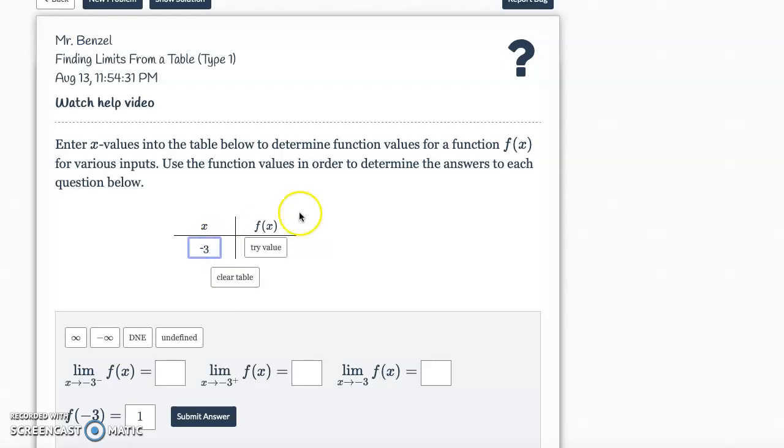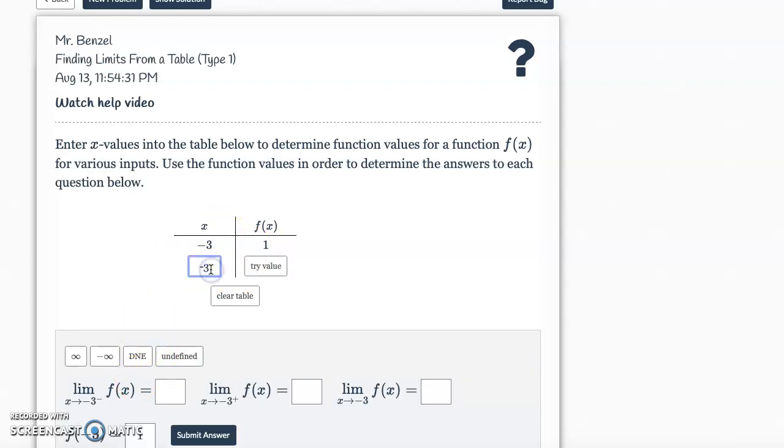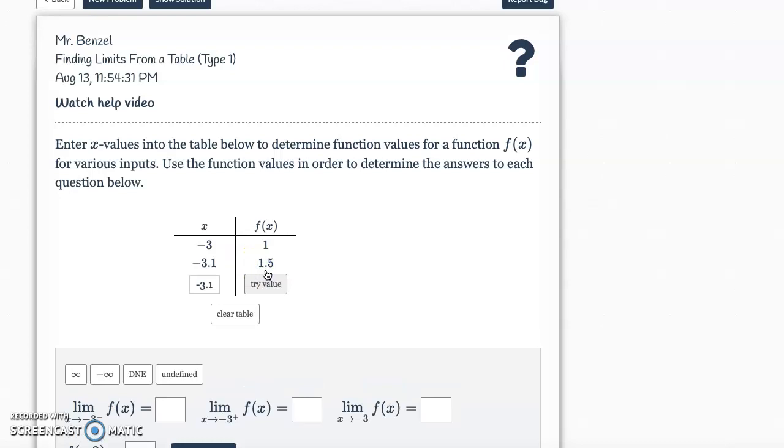What I always like to do first is test out the one-sided limits. So I'm going to go with this first limit here, -3 from the left. I'm going to choose a number that's a little bit less than -3, so maybe I'll try -3.1. I try that value and I get 1.5.